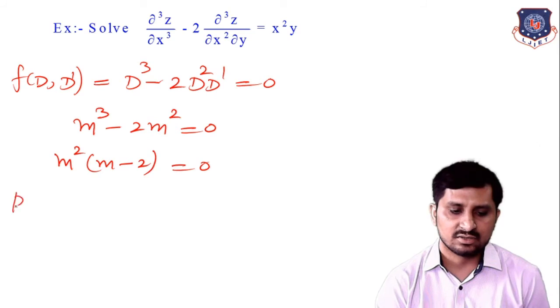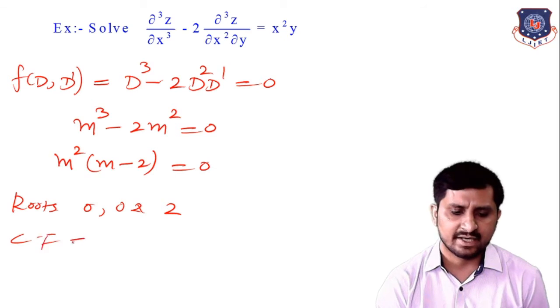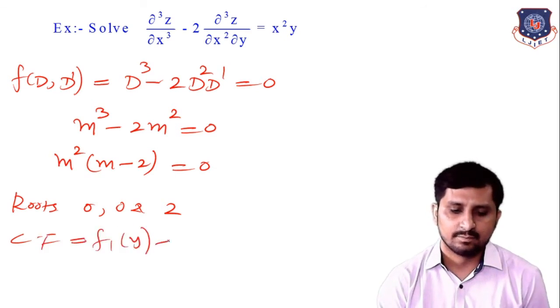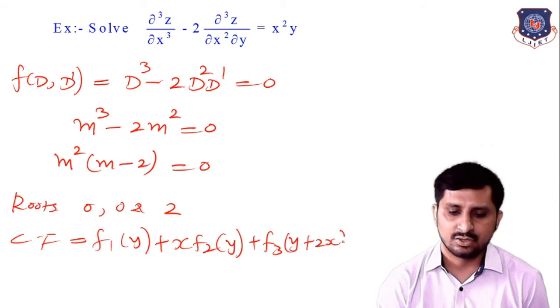So what are the roots? Roots are nothing but 0, 0 and 2. Okay, so I can write the complementary function equal to f1 of y plus x into f2 of y plus f3 of y plus 2x.